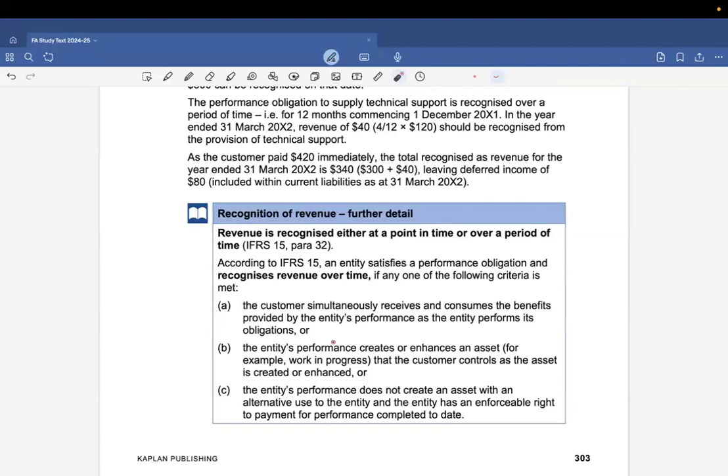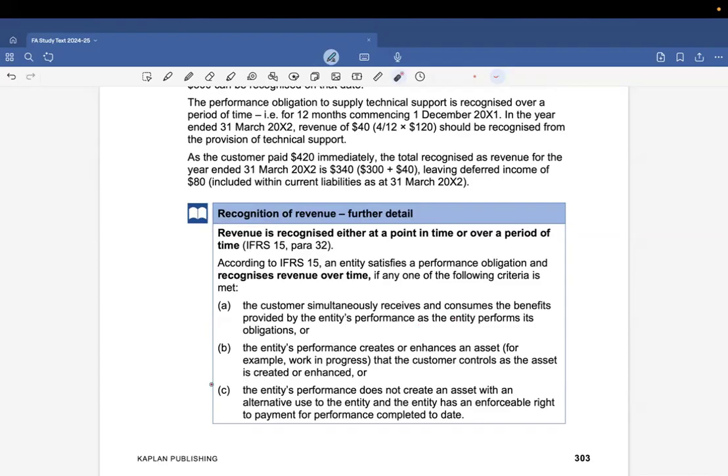So there is a provision that revenue could be recognized over time. Clear? Over time means as and when the obligation is met, you can recognize revenue. Clear, no? So there are many types of revenue. The first one: the customer simultaneously receives and consumes the benefits. For example, hotels. Clear? Then at that time you can record the revenue, right?